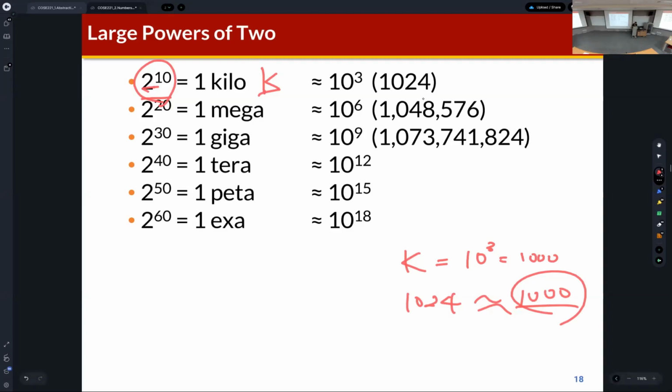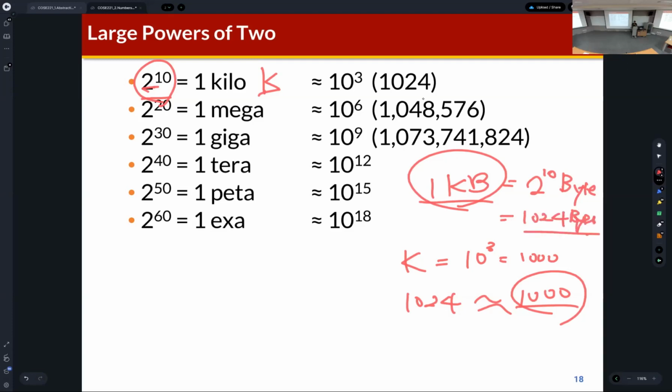So if we use 1 kilobyte, it means 2 to the power of 10 bytes, which is 1024 bytes. It's not 1000 bytes.